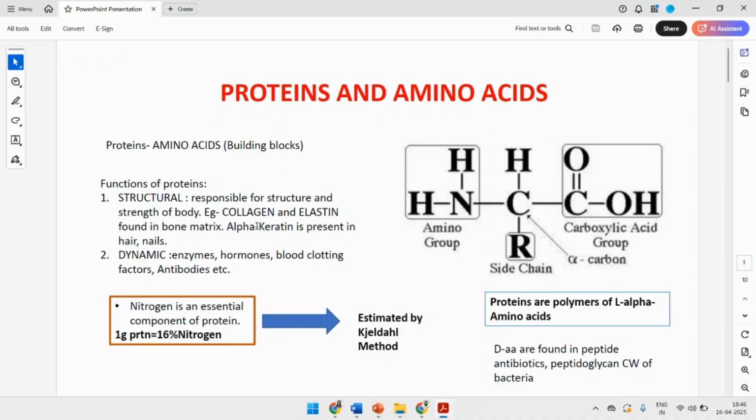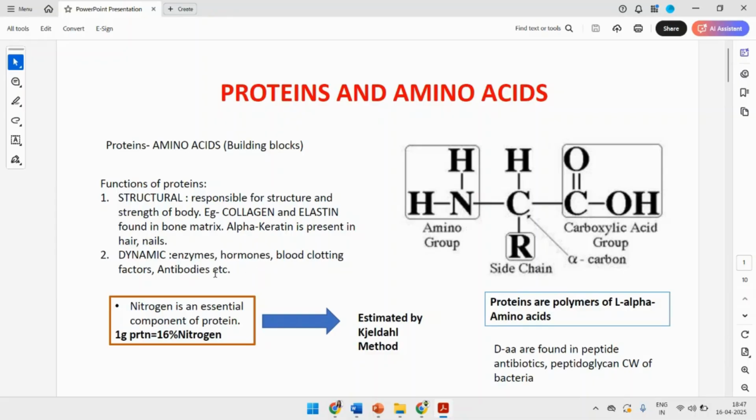Then collagen and elastin are found in your bone matrix. So these all are the structural functions of proteins. When we talk about the dynamic functions, we have our enzymes, hormones, then you have your blood clotting factors, antibodies like IgA, IgG, IgM, etc.